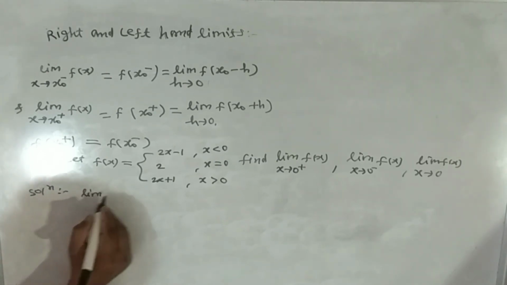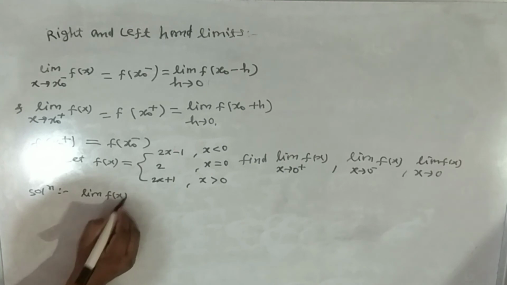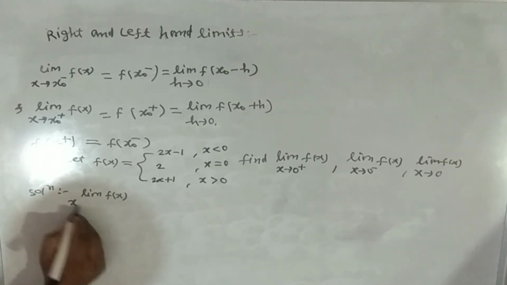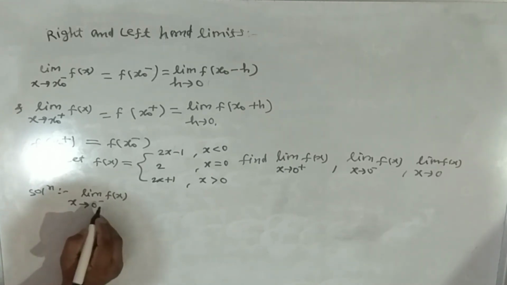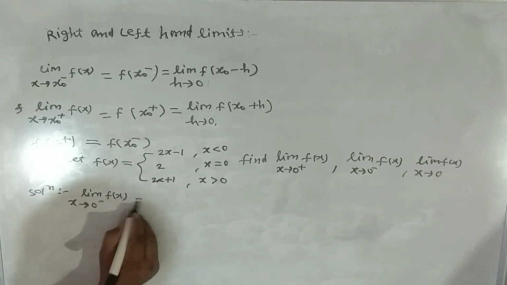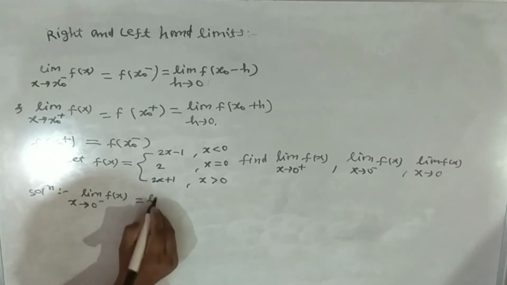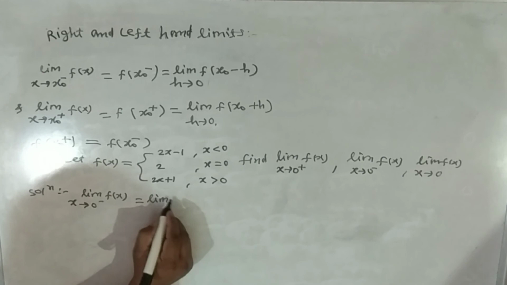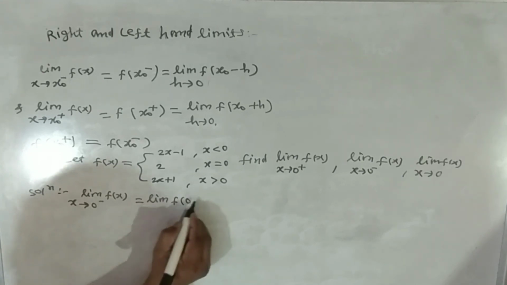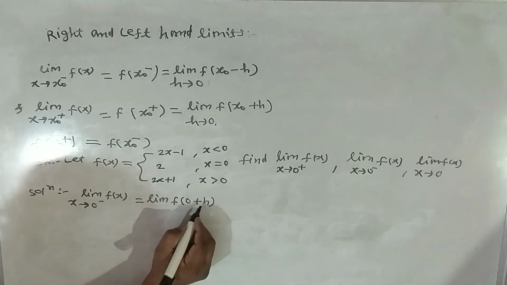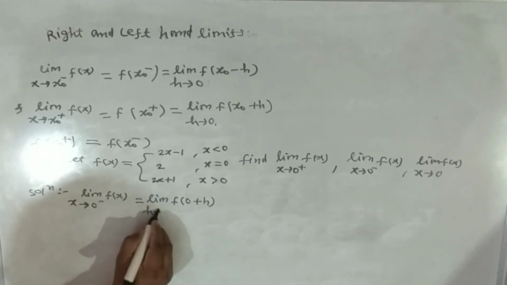The limit of a function f of x as x tends to 0 plus, that is the right hand limit, is equal to the limit of f of 0 plus h as h tends to 0.